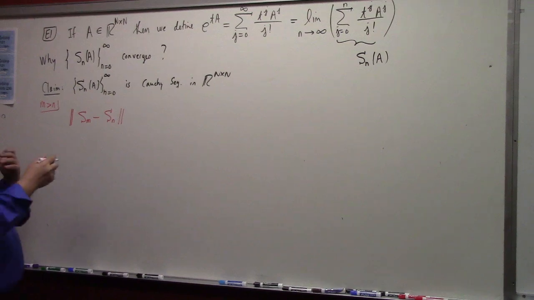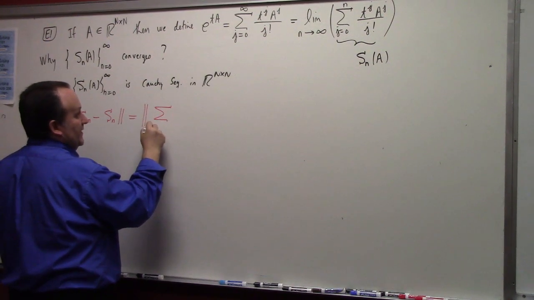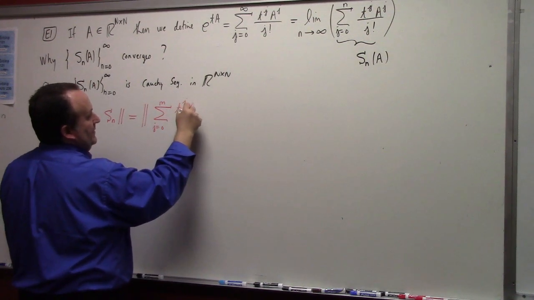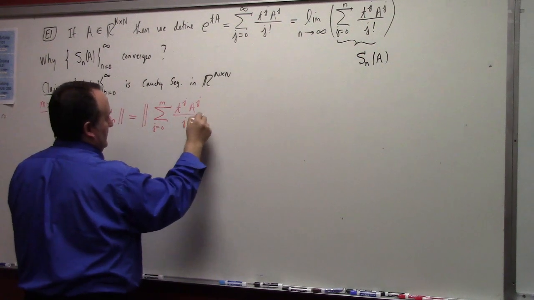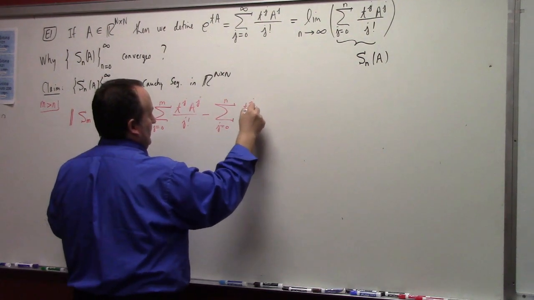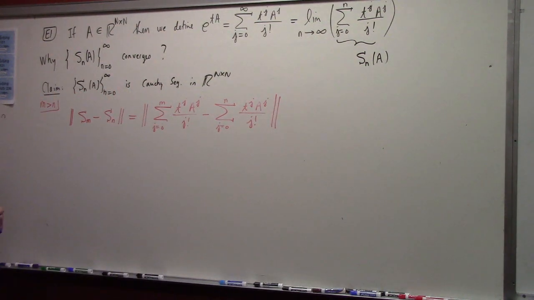What is that? Well, that is the sum from j equals 0 to m of t^j A^j over j factorial, minus the sum from j equals 0 to n of t^j A^j over j factorial. Maybe this doesn't have anything to do with that lemma.